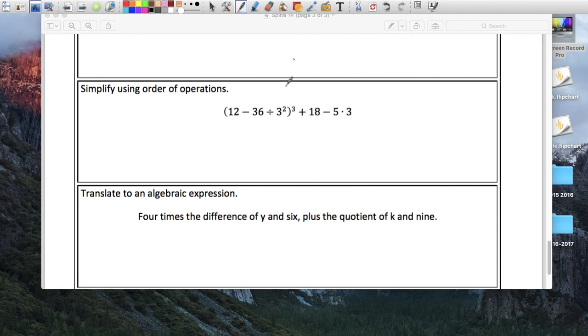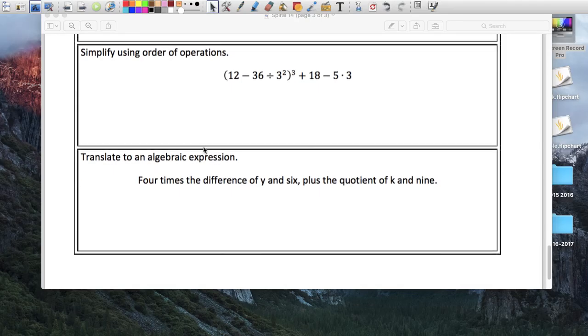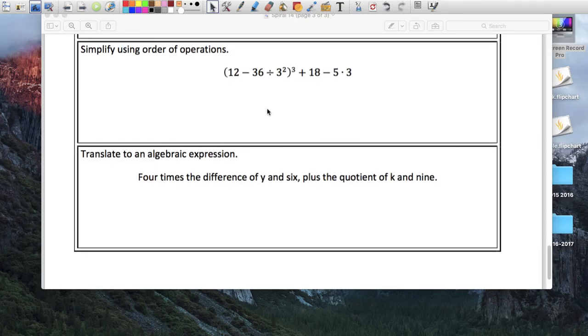Last one. Even if you recognize it's a turnaround, do it step by step. So this one, I don't see anything, but let's go. 4 times, what am I multiplying? 4 times the difference of y and 6. The difference of y and 6 is subtraction. I'm subtracting y and 6.